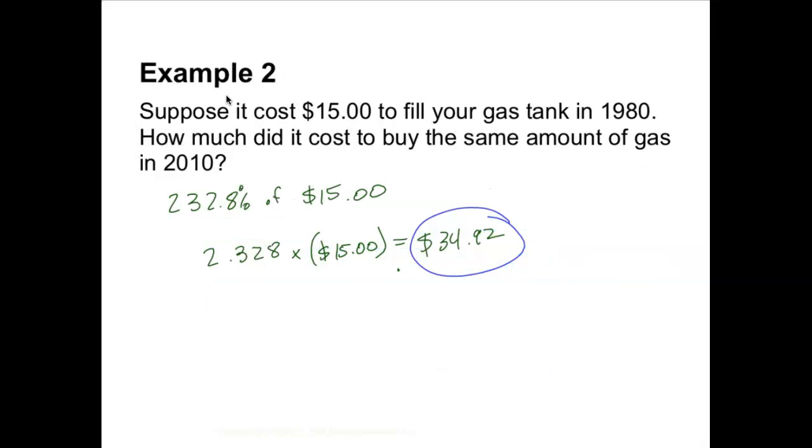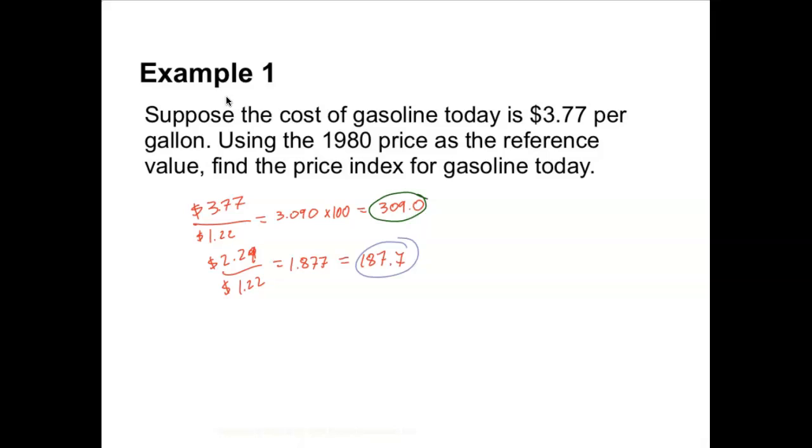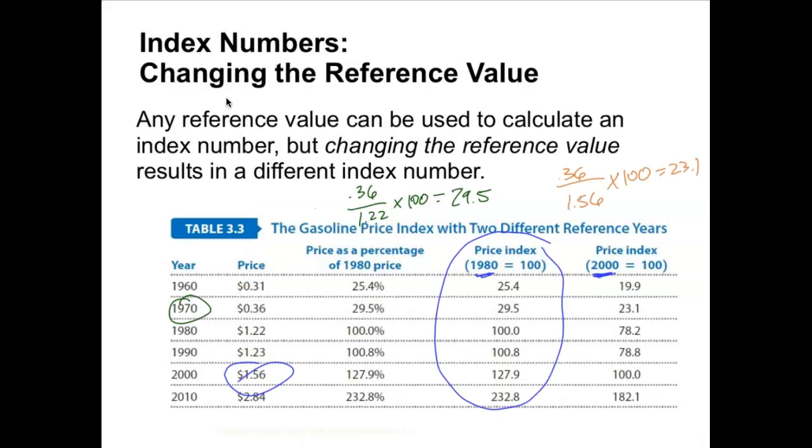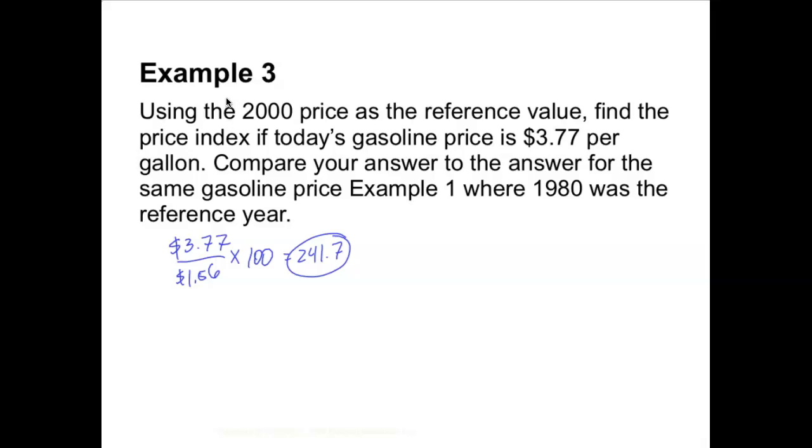How does that compare to 1980? Oh no, I'm sorry, I'm looking at the wrong example. Our 1980 price index was 309, so we were paying 309% of what we paid in 1980, but only 241% of what we're paying in the year 2000.